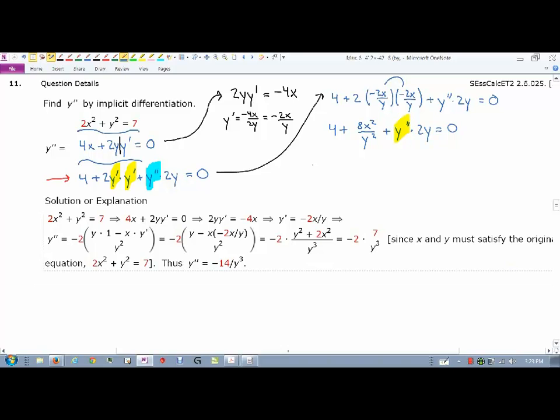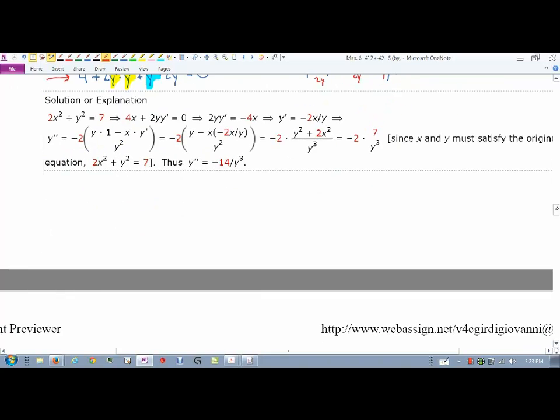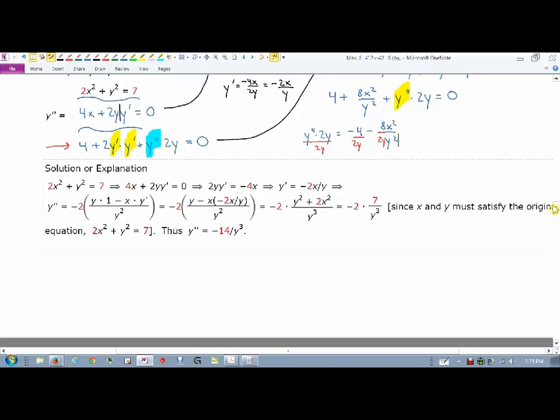So I'll have y double prime times 2y equals negative 4 minus 8x squared over y squared. I will now divide both sides by 2y. And that will result in the left side canceling.